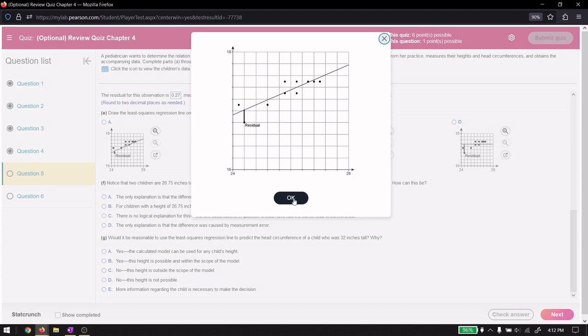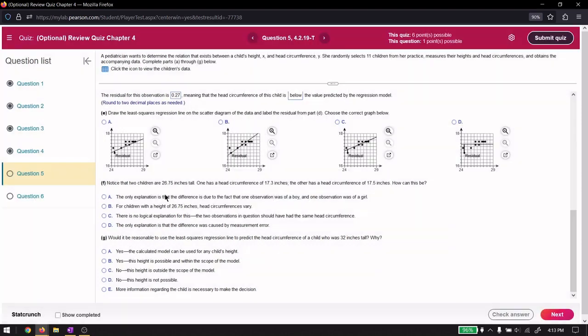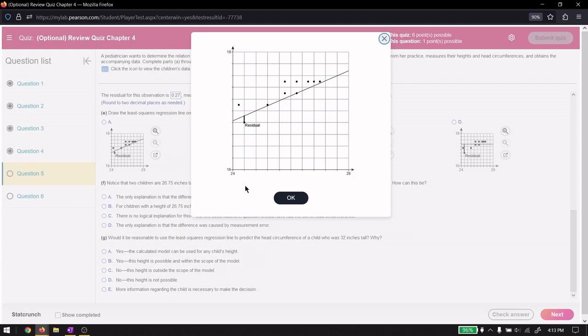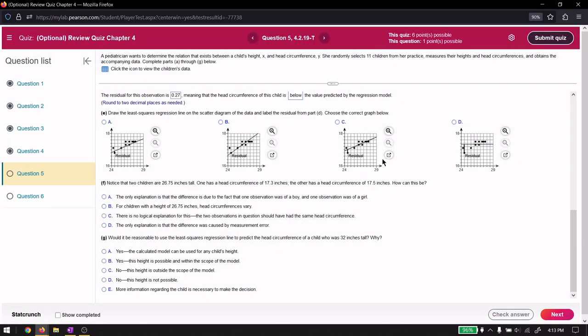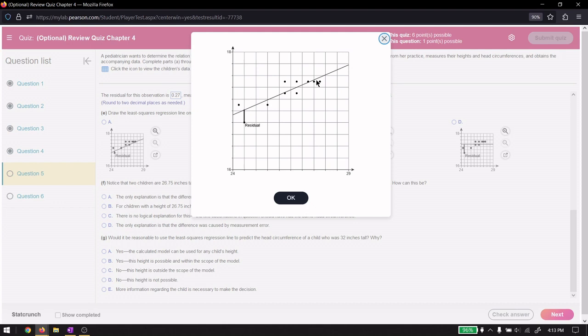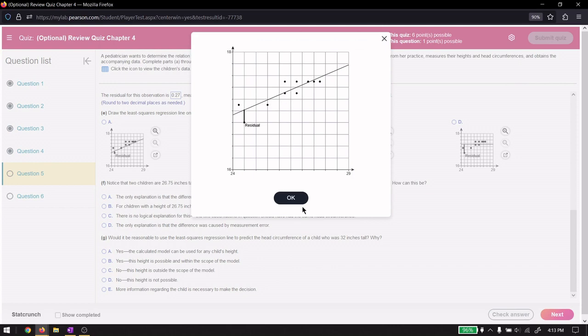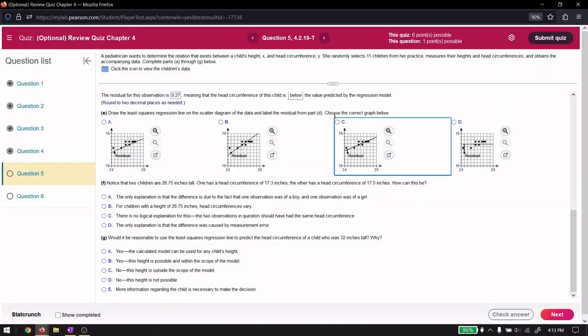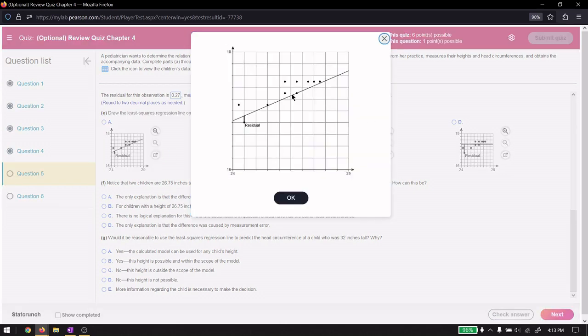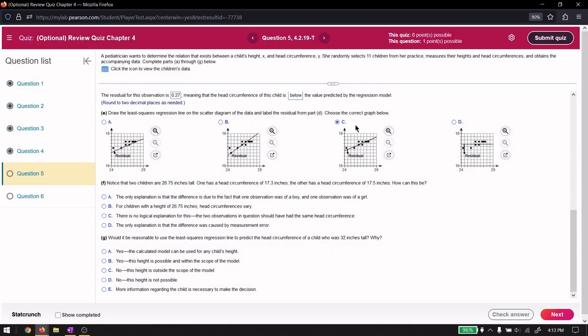A is this. Okay, this line is higher up on C than it is on A. And it should be close to this point, almost close to that one, which looks like this one right here. So that's going to be C. A looks to be too low. Yeah, it's not as close to those data points. So C is the correct one.